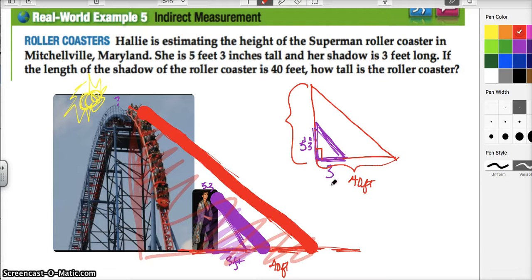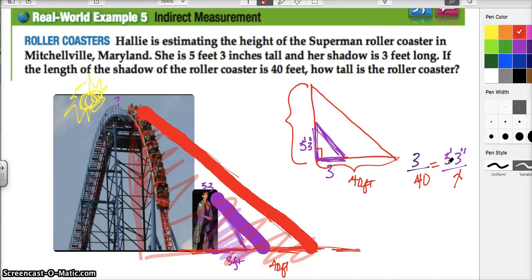All right. So with that in mind, we can say that 3 is to 40 as 5'3" is to x, this thing that we're looking for.